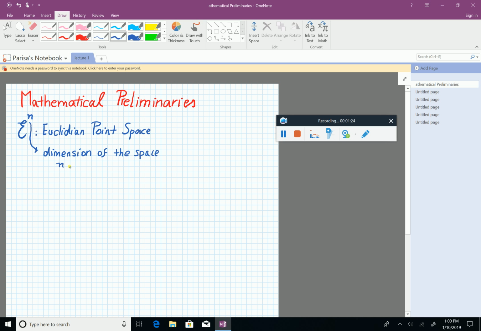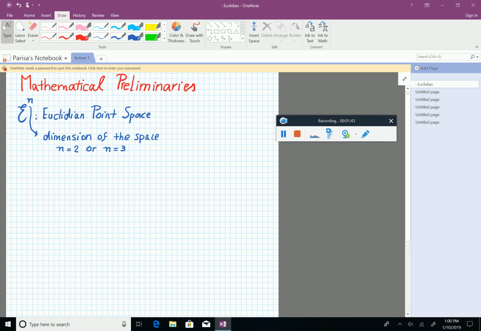So N can be 2 or 3, for example, when we deal with two-dimensional or three-dimensional problems. What is En? En is a set of points in which we can actually apply the principles of Euclidean geometry.